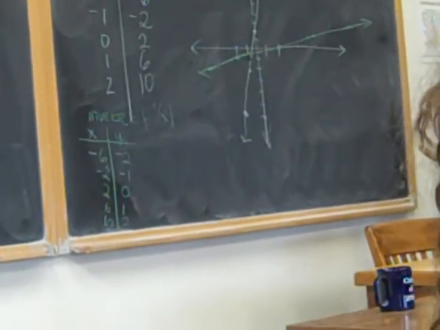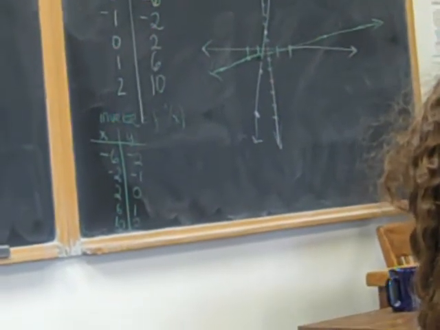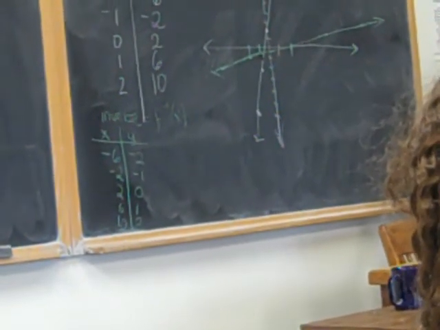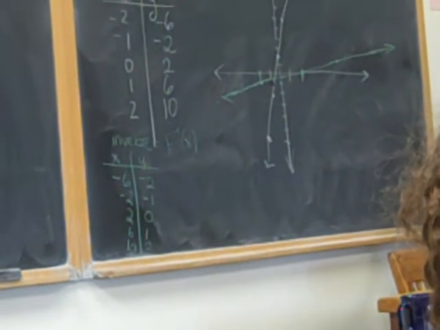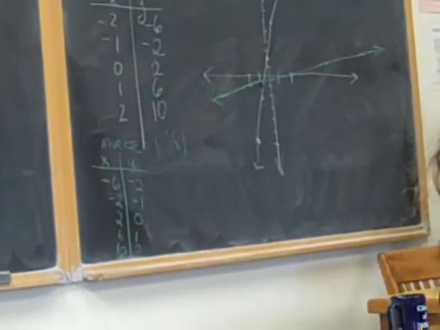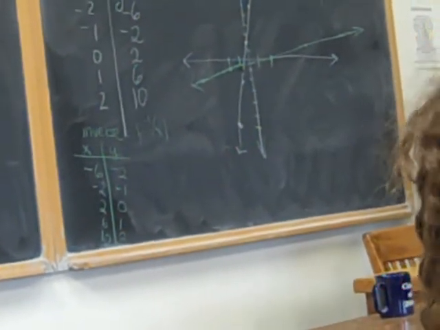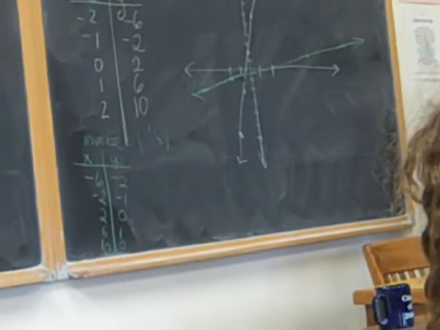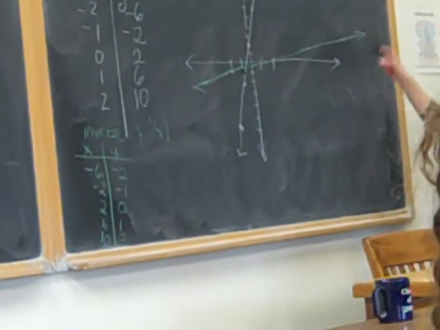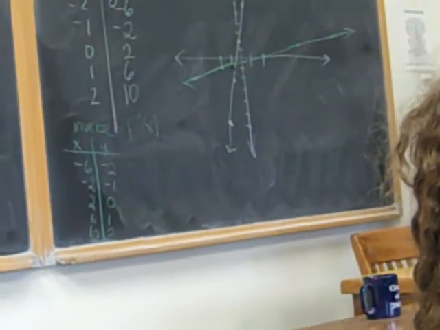Now, is the original line a function? How do we tell if a graph is a function? It has to pass the vertical line test. So is the white one a function? Yes, it passes the vertical line test. How about the green one? Does it pass the vertical line test?